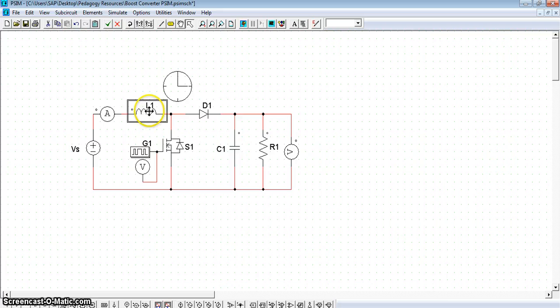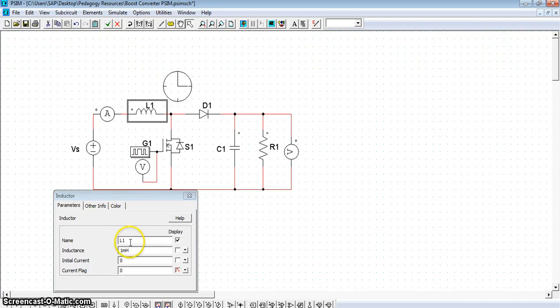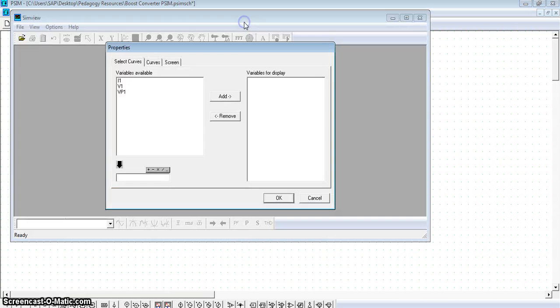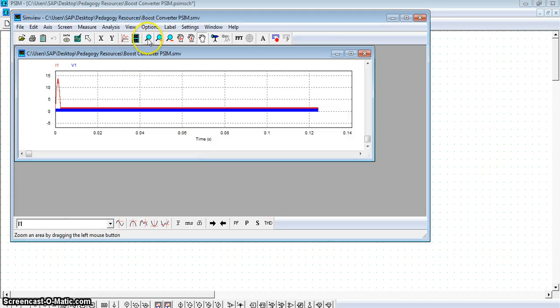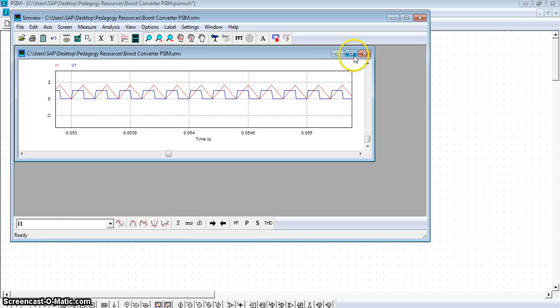Now let's change the value of the input inductor. Let's give the designed value, that is 6 millihenry. See the difference. Simulate this. So this is the waveform.